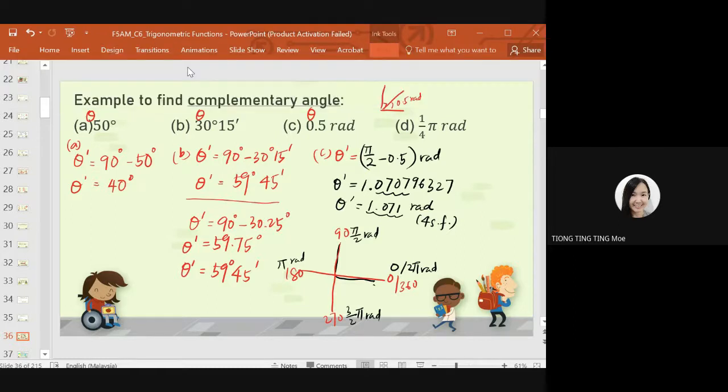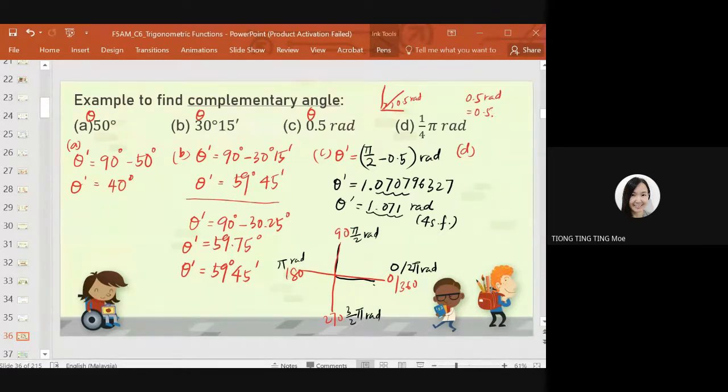Everyone understand? Any response? And of course another way is you change it into the angle first. If you want, you change into the angle first, then 0.5 radian equals how many degrees?